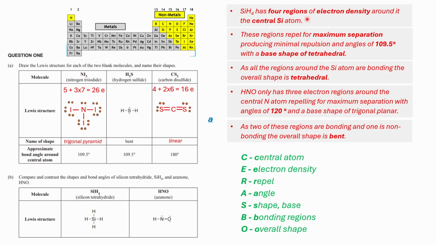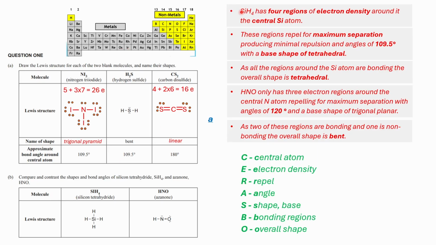If you can link the total number of electron density regions around the central atom to the base shape and bond angle, so if you can actually say that there are 4 electron density regions around silicon, therefore it has a base shape of tetrahedral and a bond angle of 109.5, they'll give you a merit, if you do it for one of them.